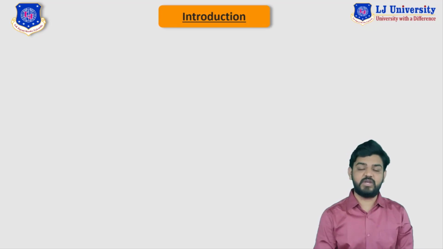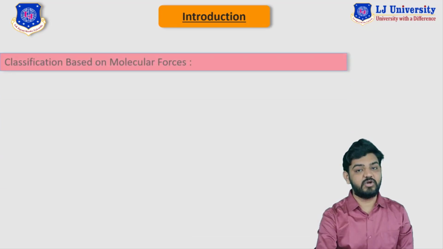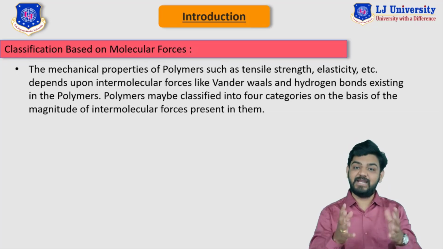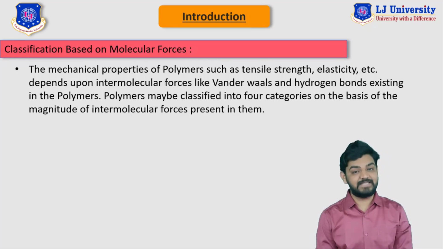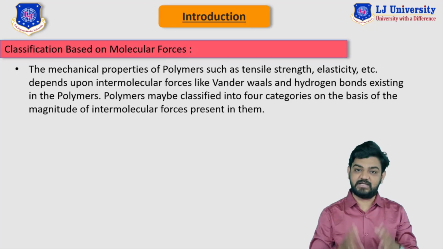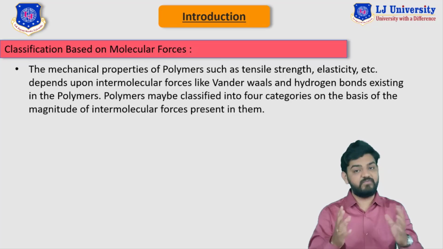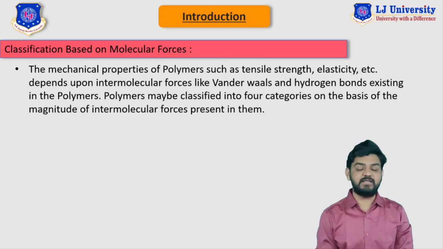Well, in this video, we will see classification of the polymer based on molecular forces. Well, these intermolecular forces of different monomers joining together are very important to determine their mechanical properties, their tensile strength and density. Well, there are basically two different bonds or two different molecular forces. One is the van der Waals bond and another one is the hydrogen bond.